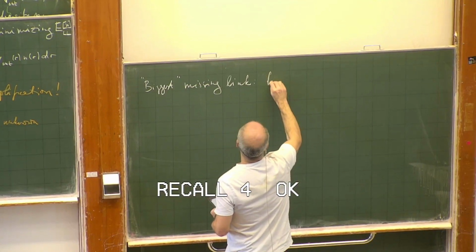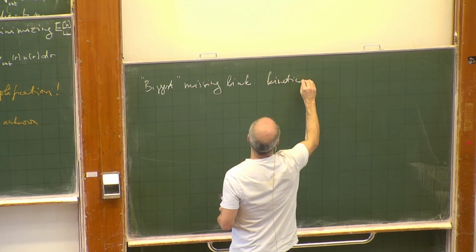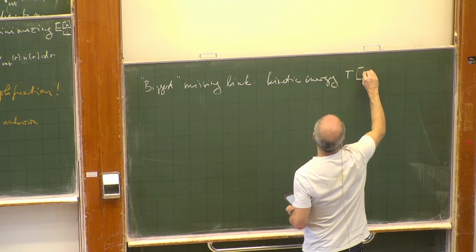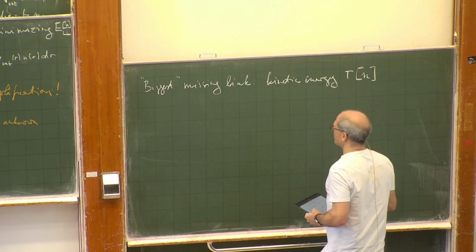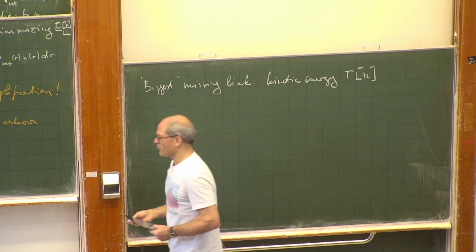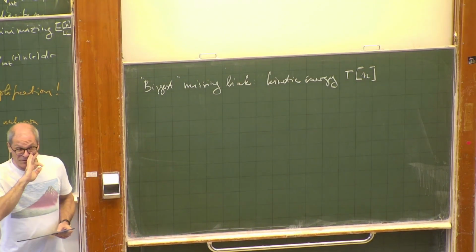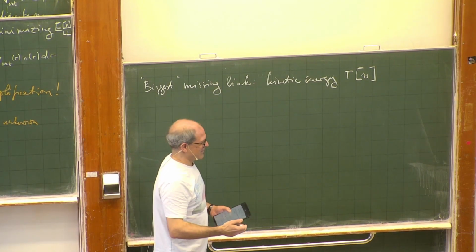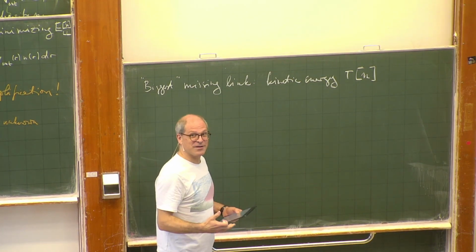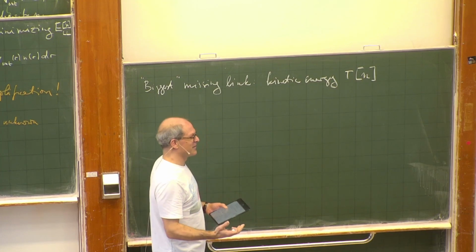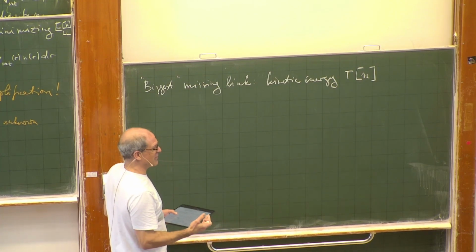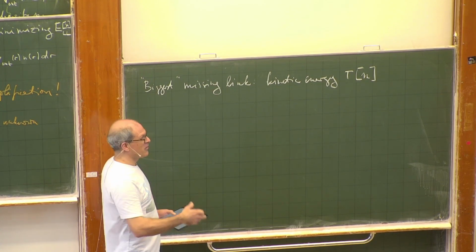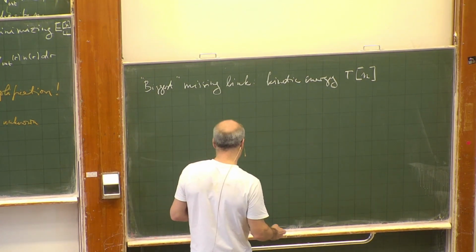This is the kinetic energy, which we would like to express as a functional of the density alone. So for a multi-electron system, it's a bit of a sad state of affairs that if you give me, or any theoretician, a multi-electron density, nobody is able to say in closed form what the kinetic energy associated with that density is.